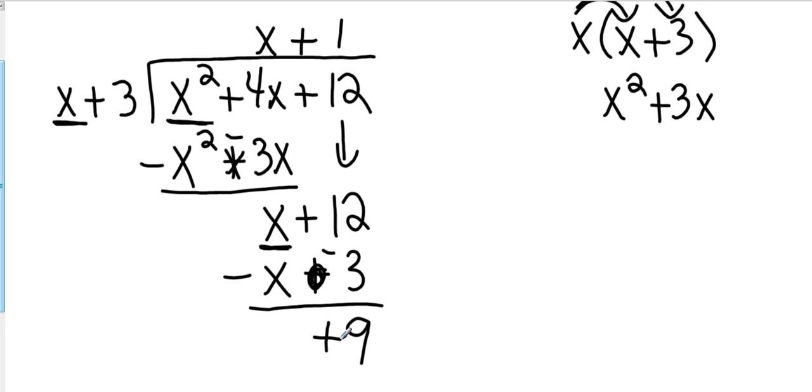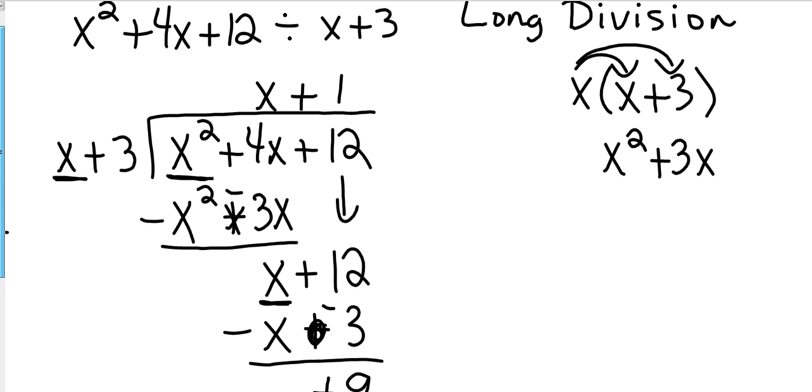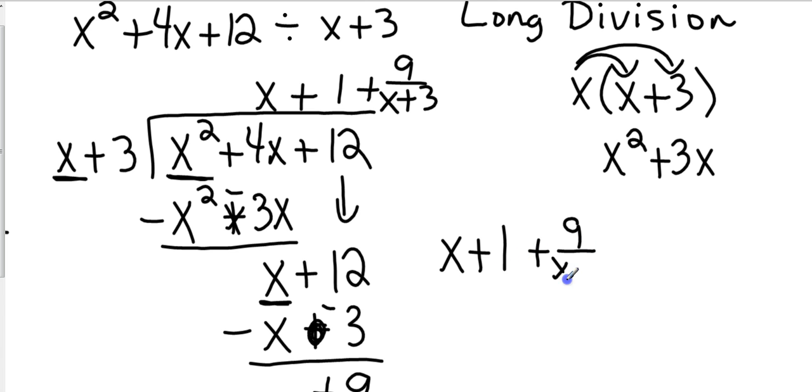So the way we're going to write this remainder, if you remember how to write remainders, that's going to be plus 9, and we have to divide it by our denominator, which is x plus 3. So take your remainder, check the sign of it, and put it over your denominator. So my answer is x plus 1 plus 9 over x plus 3.